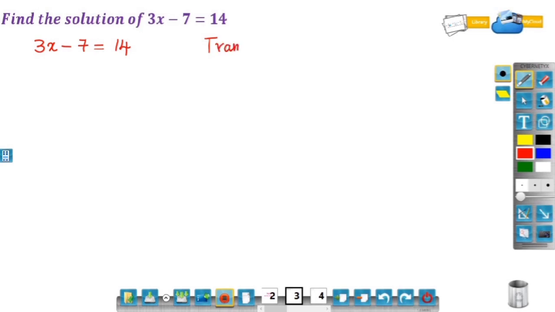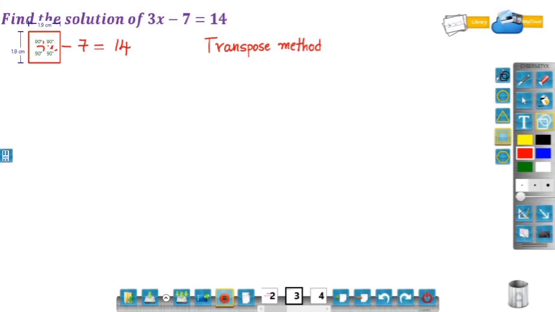Let us apply the transpose method to solve this equation. In the transpose method, we have to keep the variable term on the left side and move constant terms to the right hand side.